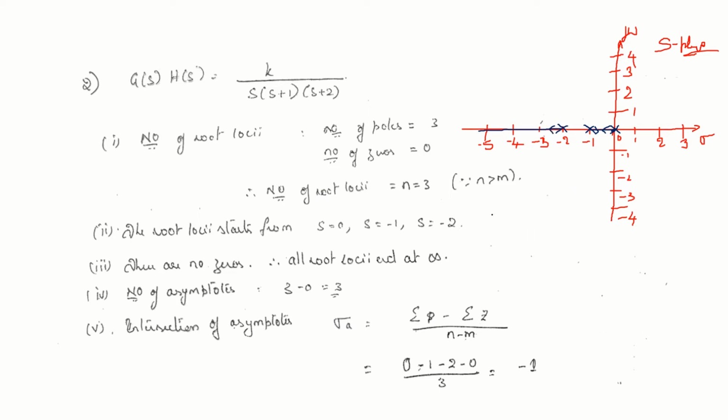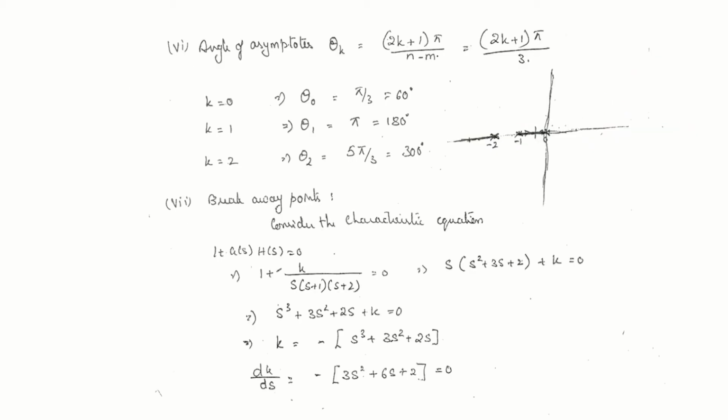The number of asymptotes is 3, that is n minus m. They intersect at minus 1. You find the asymptote angles using the formula 2k plus 1 into pi divided by n minus m, that is 2k plus 1 into pi divided by 3.